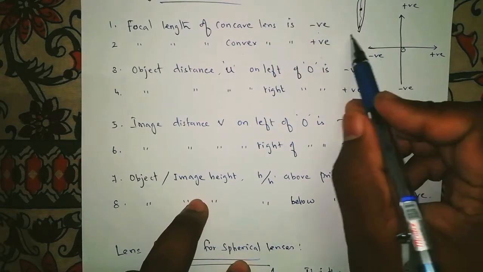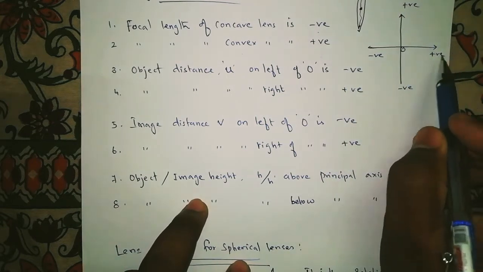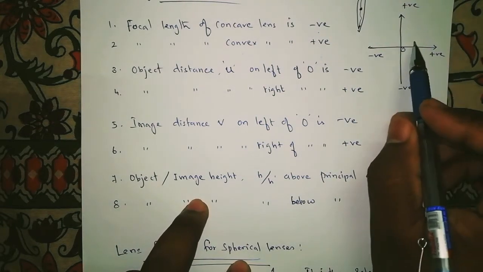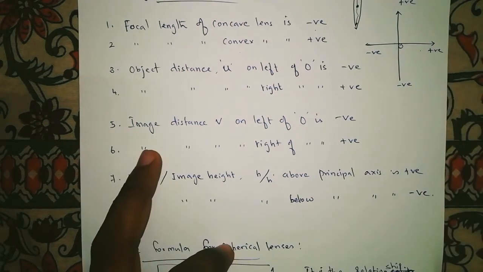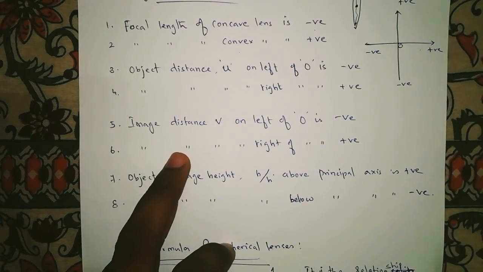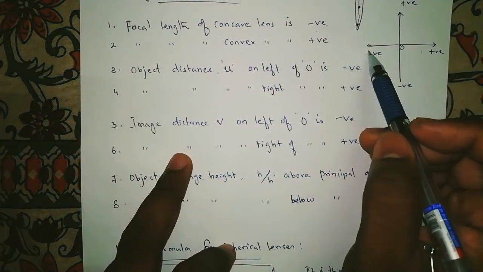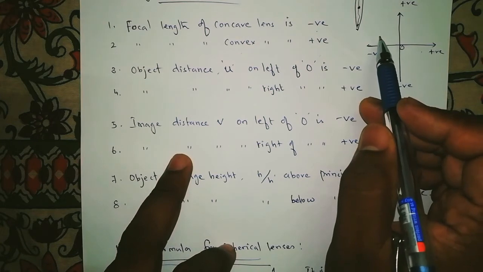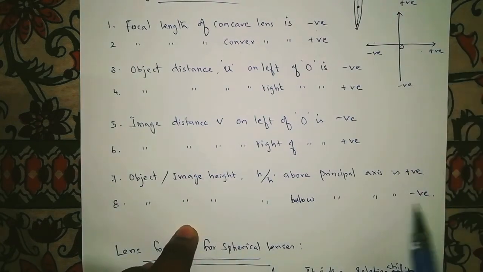So whenever you see it on the left hand side, everything comes as negative. Whatever is on the right hand side, the object distance is going to be positive. The next thing is the image distance v. If the image is formed on the left hand side, it's going to be negative. If the image is formed on the right hand side, it is going to be positive.